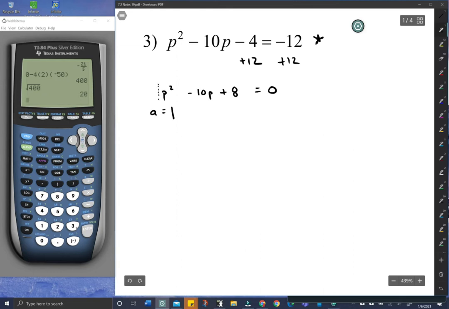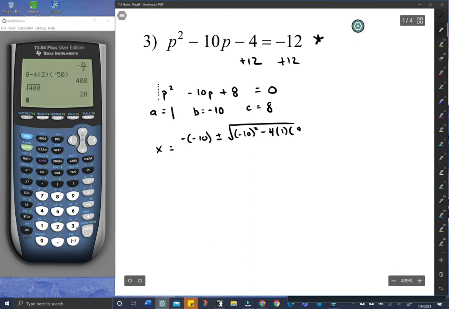So x equals negative b, so opposite of negative 10. And if you are comfortable, you can already make it a positive 10, but I'm going to take my time. Minus 4 times a times c all over 2a. And there we have it.